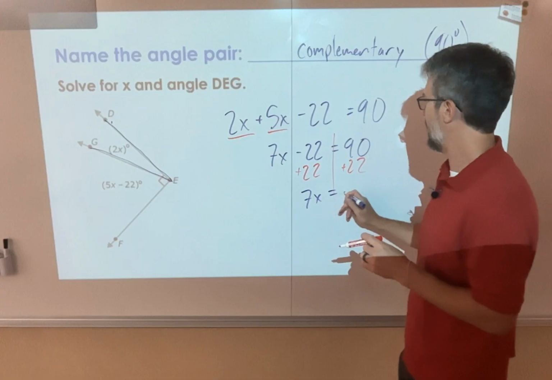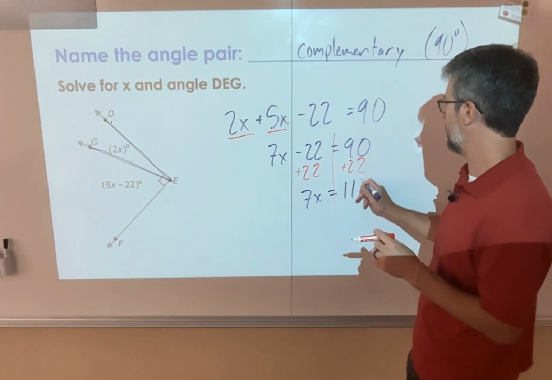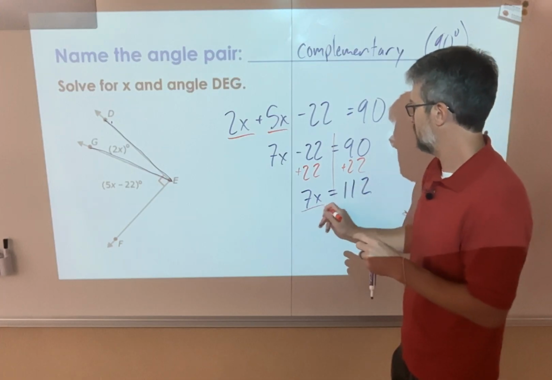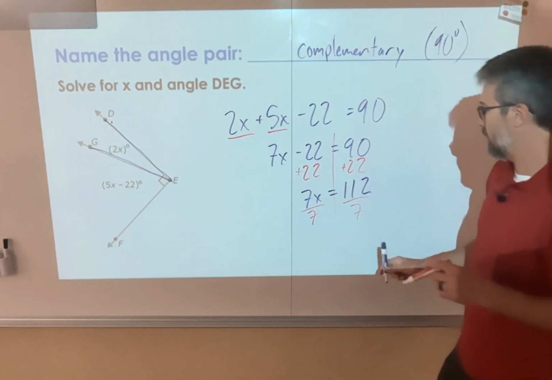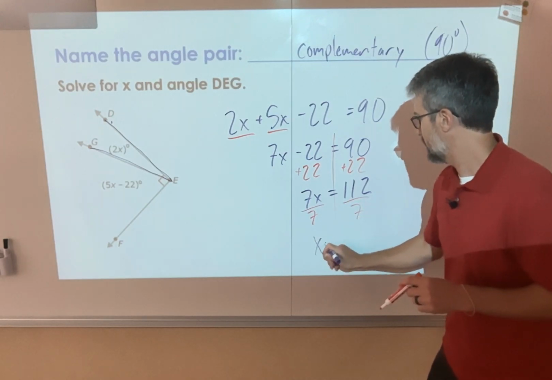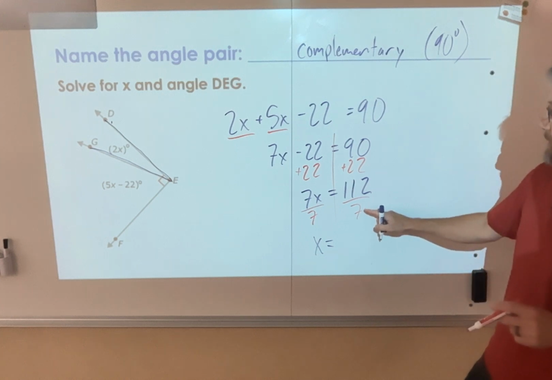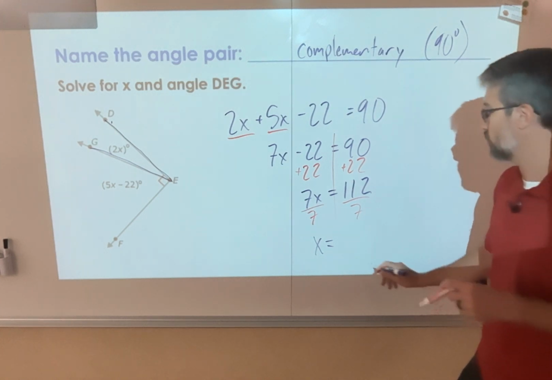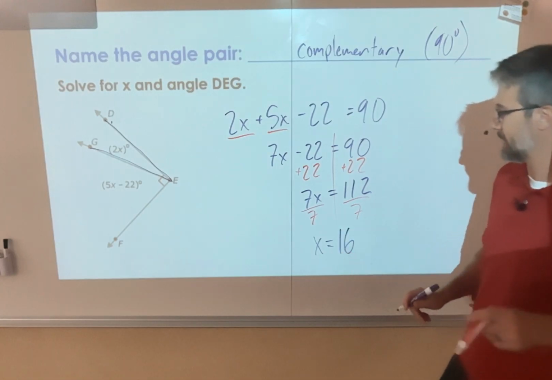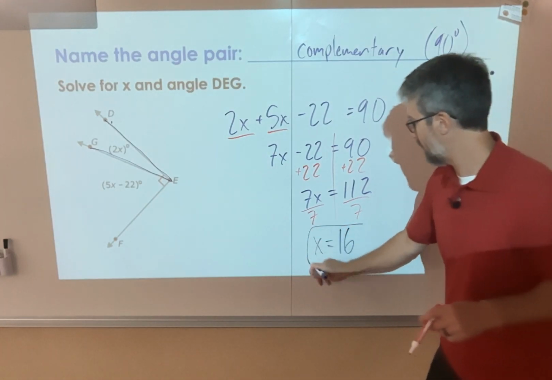You get 7x equals 112. Oh, I wonder if I can do this one in my head. I think I can, because 10 makes 70, and then 6 makes 42, and 70 and 42 is 112, so that means x is equal to 16.